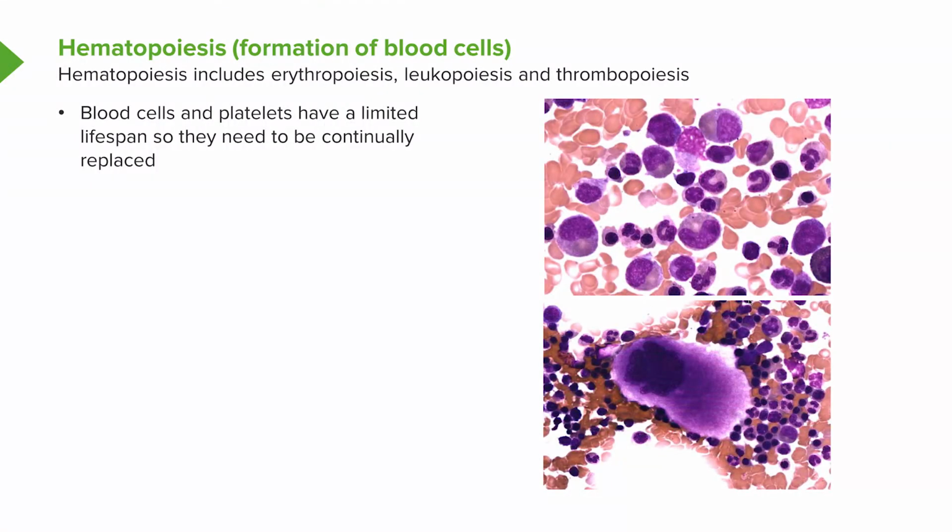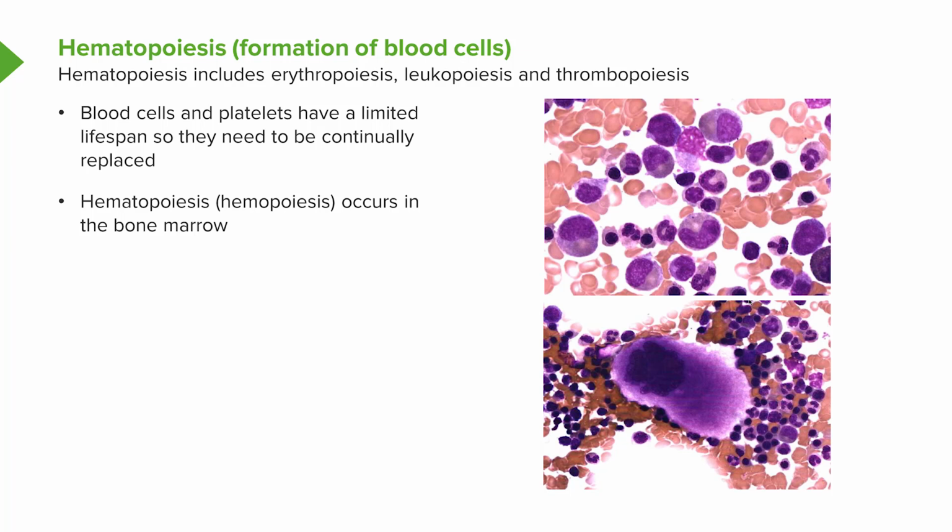Red blood cells only have a lifespan of 120 days. Neutrophils even less. So it's important that we have a tissue that continually renews all these blood cells. And that's the process of hematopoiesis, and it occurs in the bone marrow.